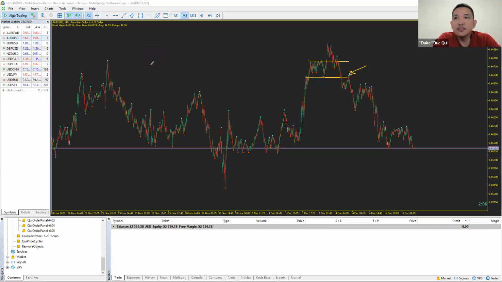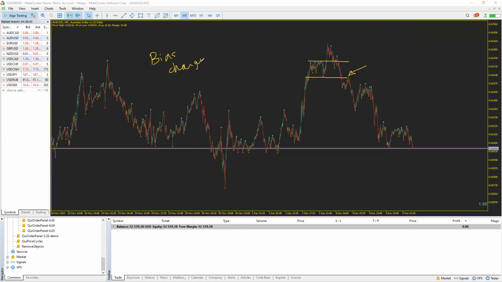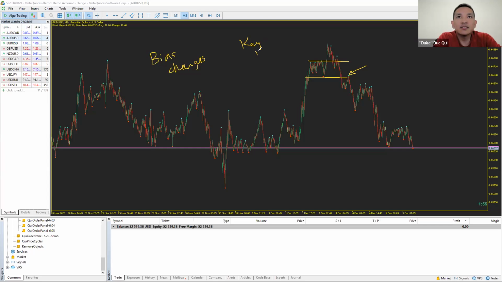Exactly. So it's where your bias changes, where the market bias changes. It's the key price indicator, or index, whatever you want to call it.